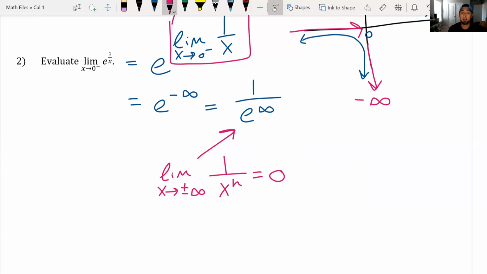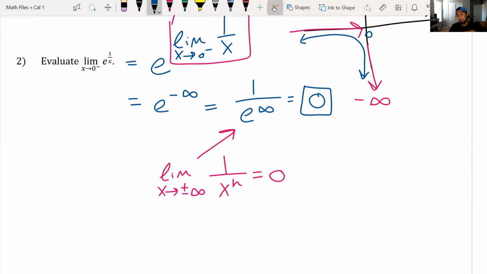This means that as x gets infinitely larger and larger, our limit is going to be 0. This means that 1 over e to the infinity also has to be 0.